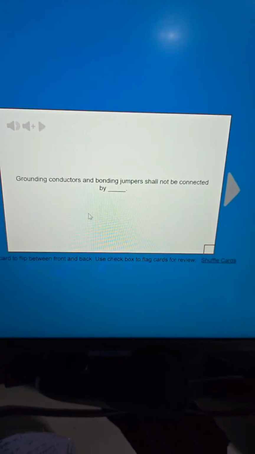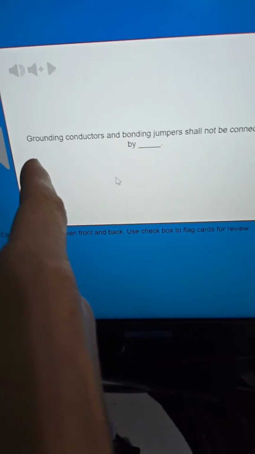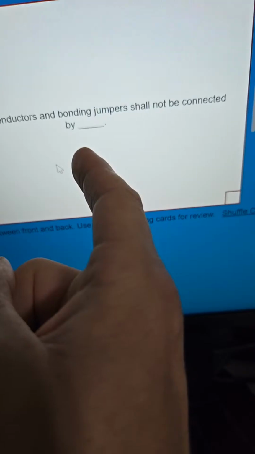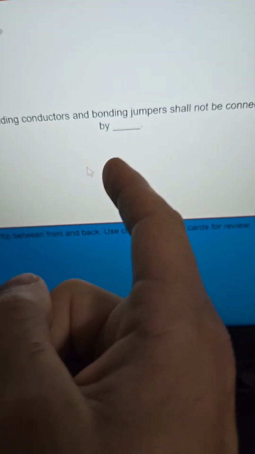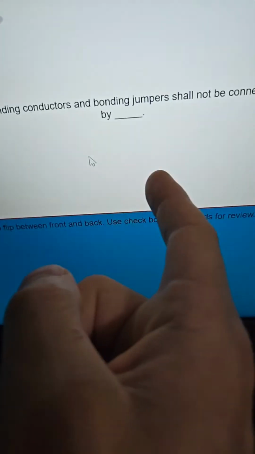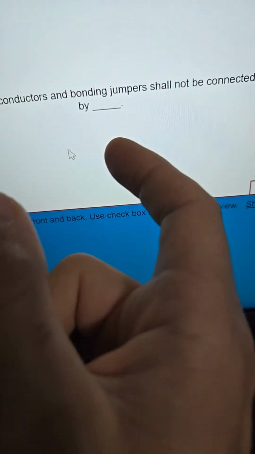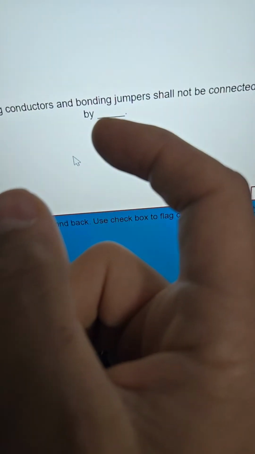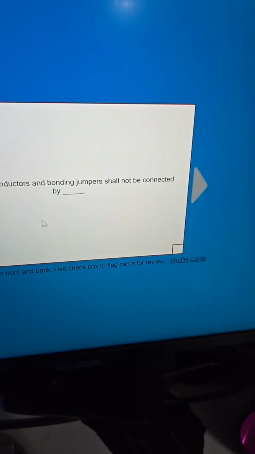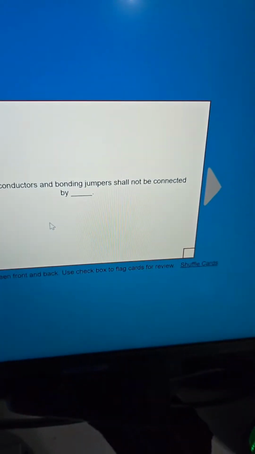Okay, a grounding conductor is something that's going to ground, like an equipment ground, and a bonding jumper is something that's going to bond the equipment. So methods not specified in 250 dot blah blah blah, right?